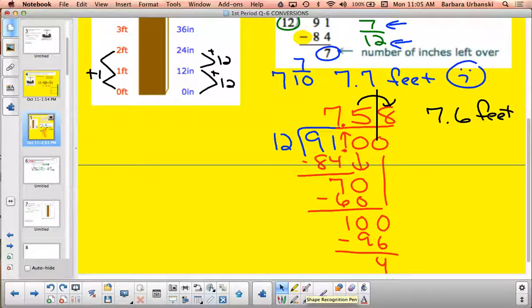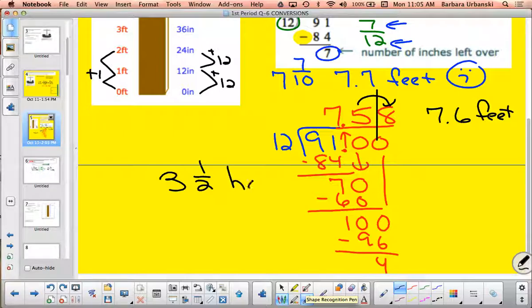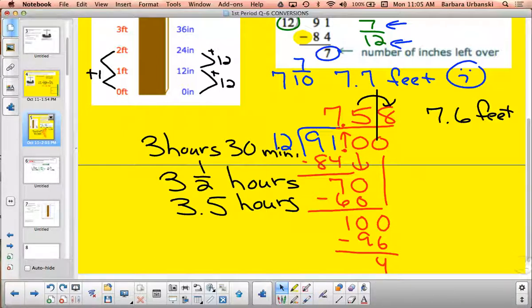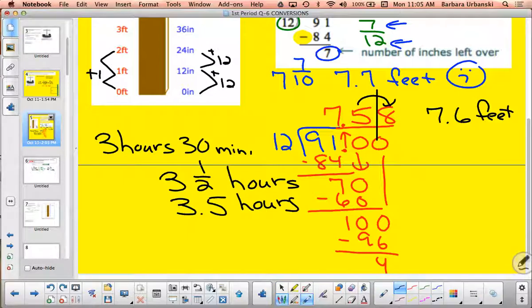It would be sort of like looking at 3½ hours. If I looked at 3½ hours, I would look at it as 3.5 hours. Some students think if it's 3 hours and 30 minutes, they would not make the mistake of putting 3.3 hours.